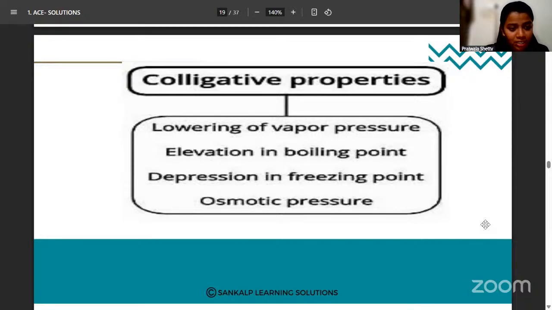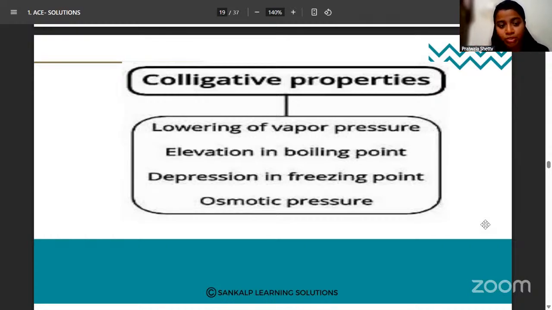Okay, let me start. Vapor pressure of a solution decreases when a non-volatile solute is added to a volatile solvent. Of course. There are many properties in the solution connected to this decrease in vapor pressure.